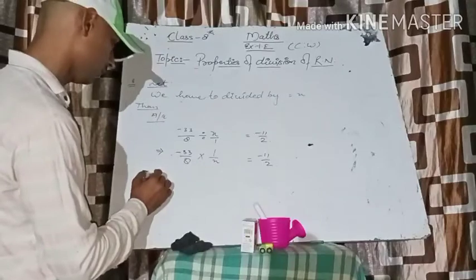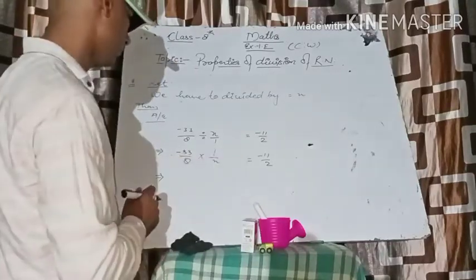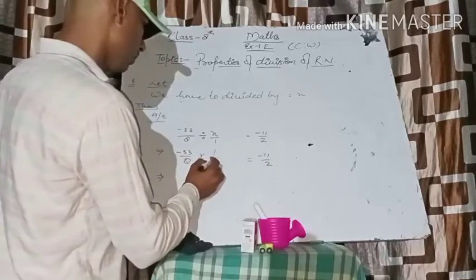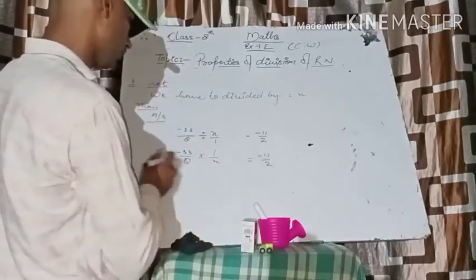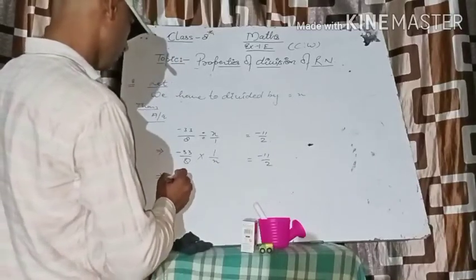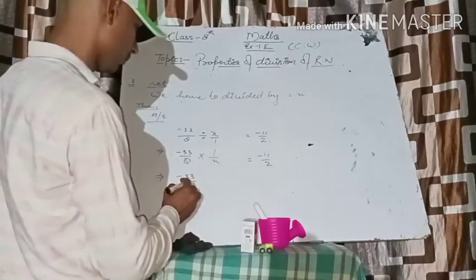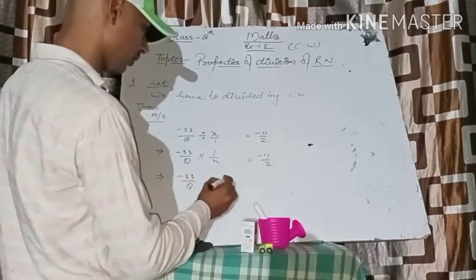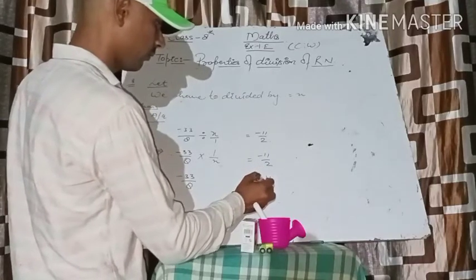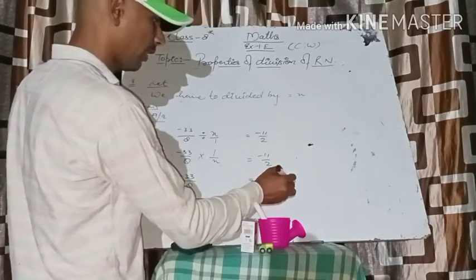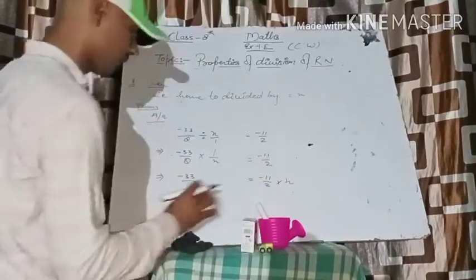Now transfer this term to that side and that one to this side. Then it will come minus 33 by 8 equals minus 11 by 2 multiplied by x.